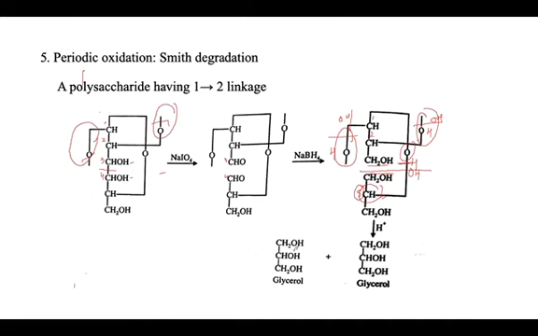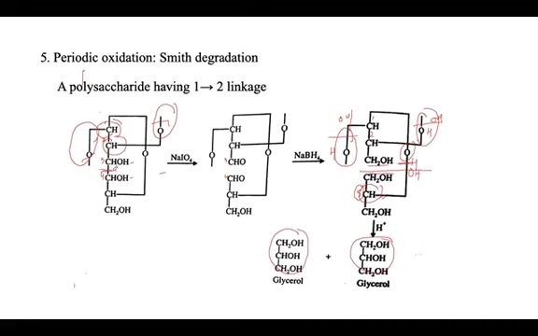And in this molecule we are getting two glycerol molecules, and these two glycerol molecules are only possible if the molecule is having a 1-2 linkage, and the two hydroxy groups which are present adjacent are oxidized to the aldehyde groups and reduced, and that carbon 3-4 bond has been cleaved.